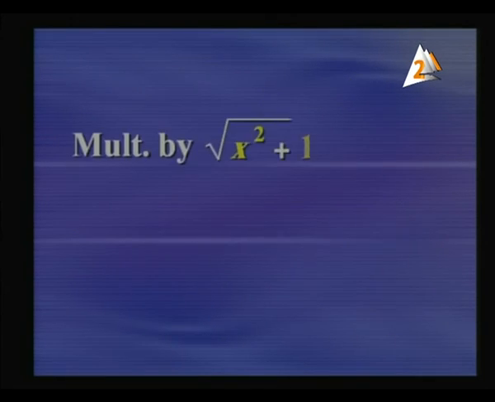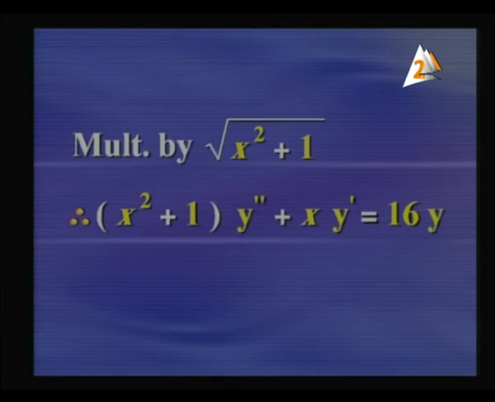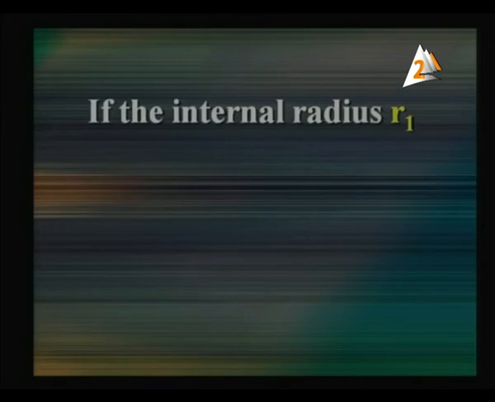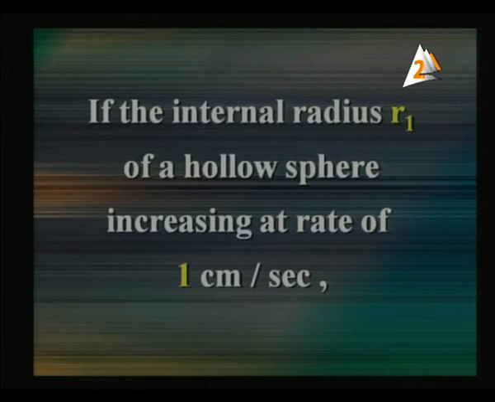By multiplying each term by square root of x squared plus 1, what do you deduce? We deduce that (x squared plus 1) y double dash plus x y dash equals 16y. Look at another example. It's very important.